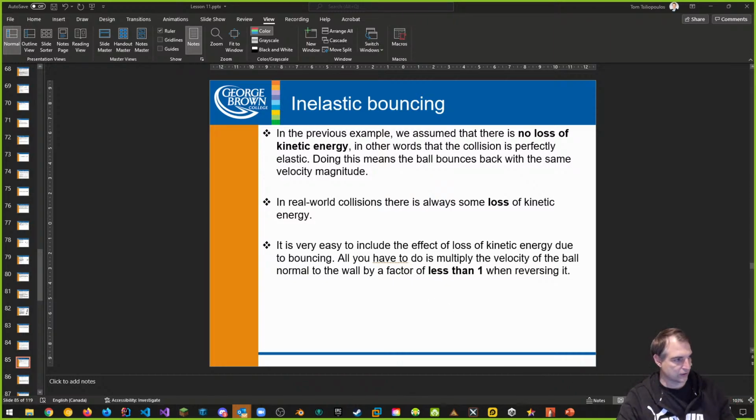Well, suppose this was the box, and if we had a perfectly inelastic collision with the wall, let's maybe draw it slightly differently like this, then what we'd have is the ball and the wall would stick together like this and just stick there, perfectly inelastic, right?